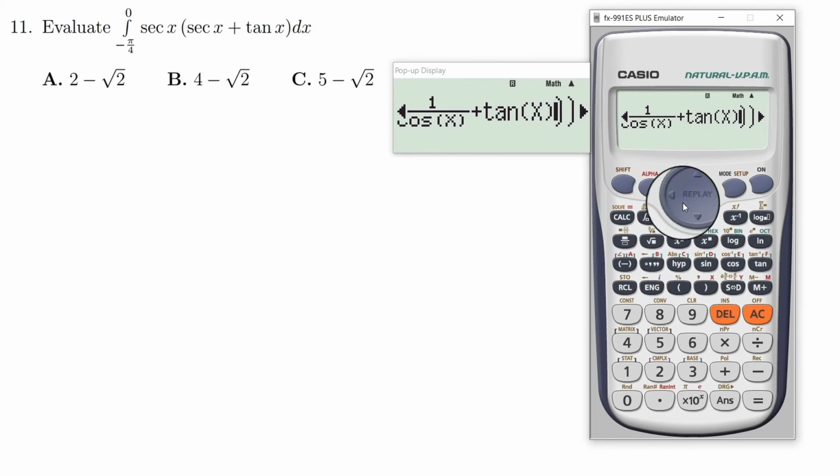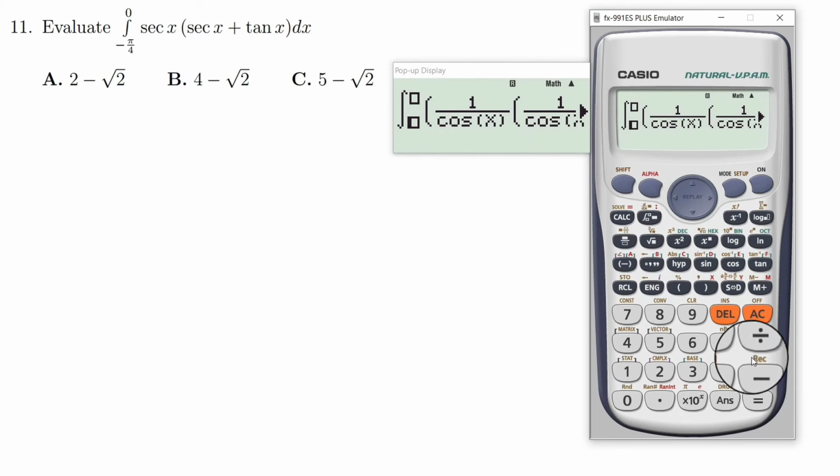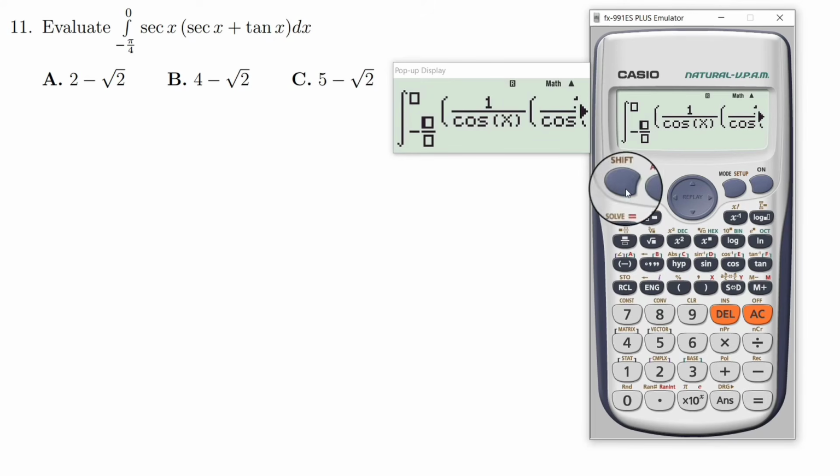So we've not input the lower limit and the upper limit. At the lower limit here we have minus pi over 4, so we have shift pi over 4, so we press our arrow button here, then just navigate to the upper limit using this navigation key here. So at the upper limit here we have this to be 0.